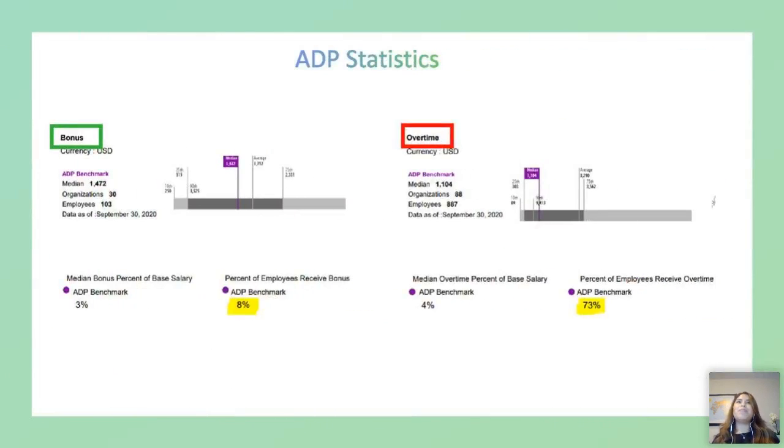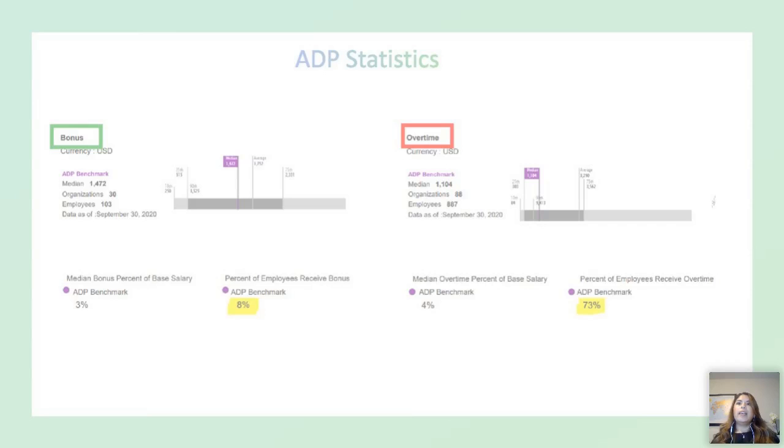So here's an ADP labor report. We can see here that ADP said 73% of employees in the green industry get paid overtime. 73%, guys. This is crazy.